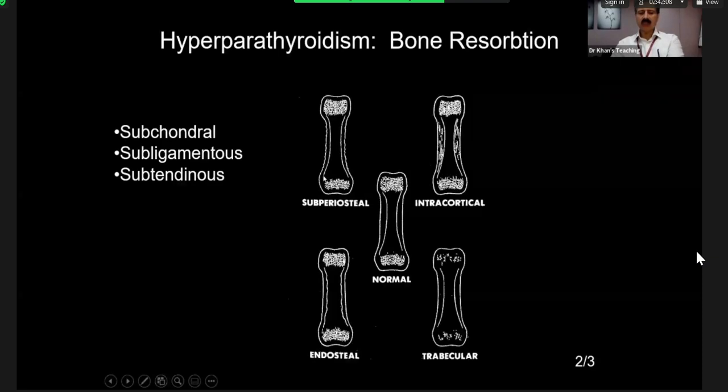There is another type of bone resorption, which is shown here, known as intracortical bone resorption. When that is there, the outline of the periosteum remains very sharp and distinct. We also call this phenomenon cortical tunneling.